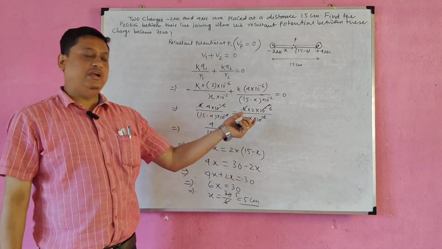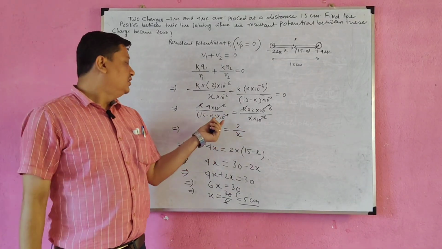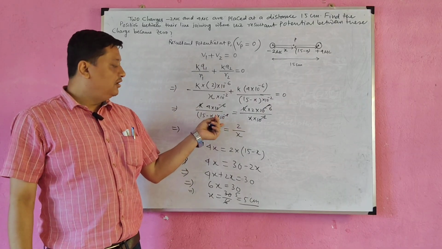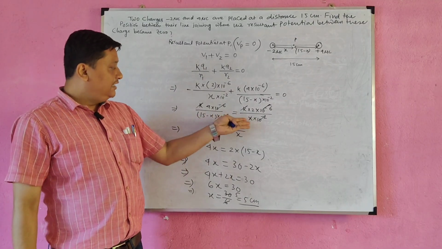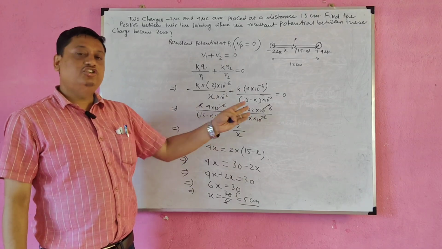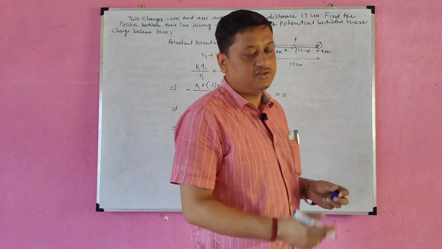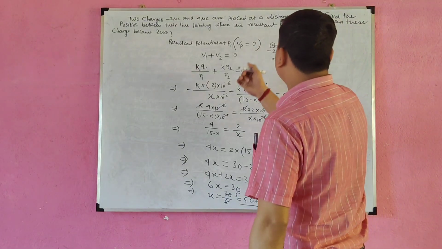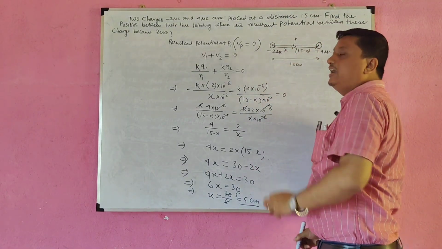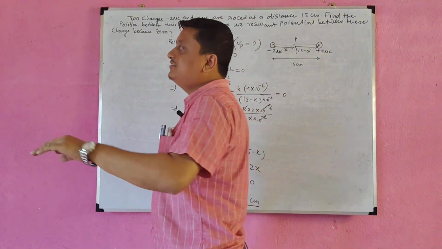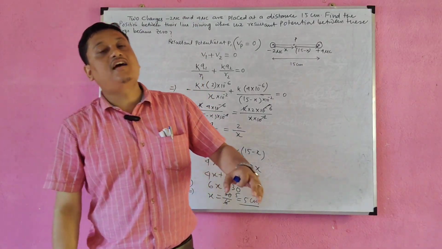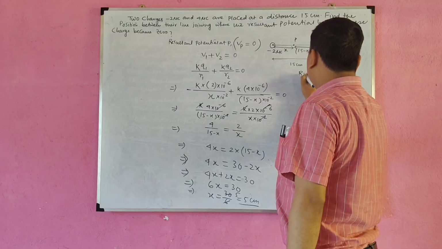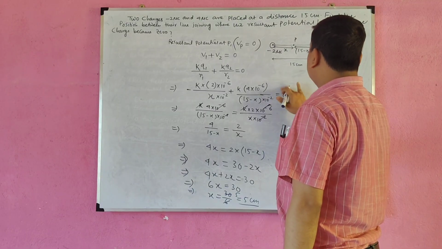Actually here, it is not compulsory to convert it into meter, because as it is on both sides here, the unit system will be cancelled out. So what is the value of x? 5 centimeter. So your answer will be: from minus 2 microcoulomb charge at a distance 5 centimeter, the resultant potential becomes what? 0. So what will be the answer?